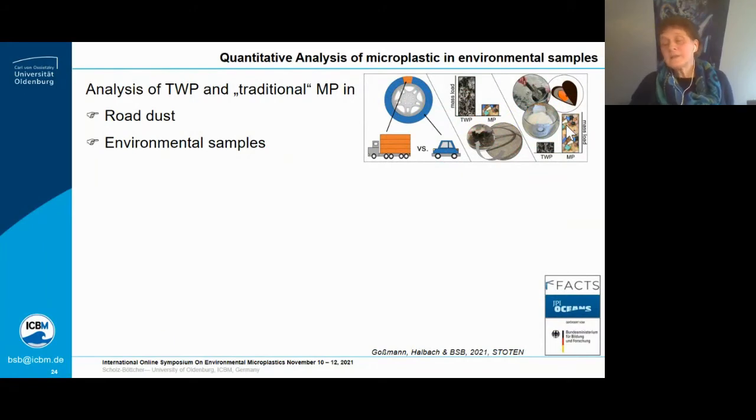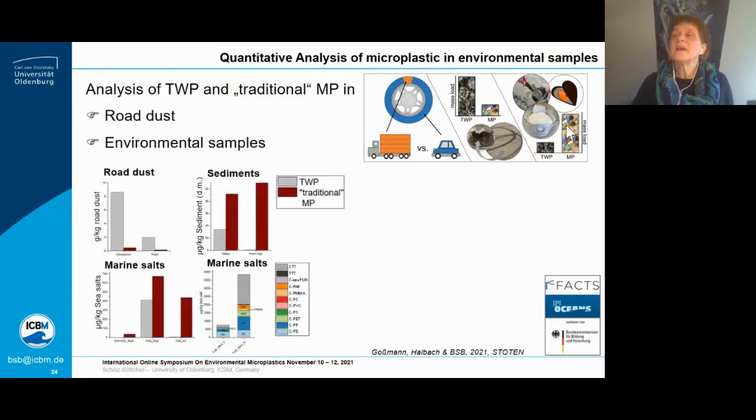Another example is the comparison of tire wear particles and traditional microplastics, excluding the tire wear particles here, in road dust and environmental samples. What you see is that, as one would expect, in road dust tire wear particles are highly present, at much higher levels than the traditional microplastics.